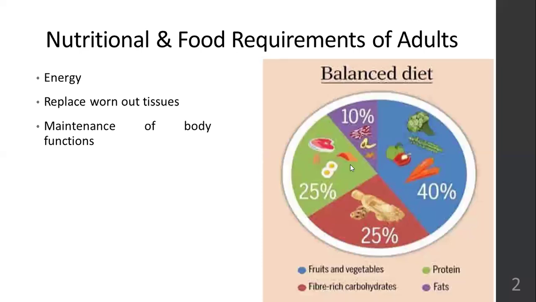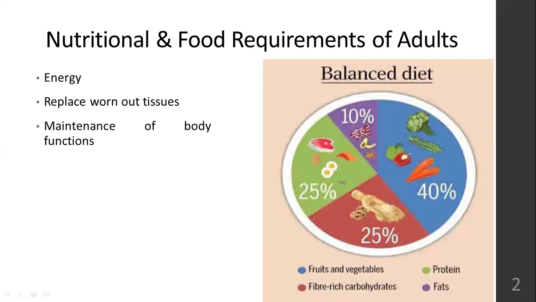For proteins, once they become amino acids within your body, each different essential amino acid has a separate function to play. Replacing worn out tissue means keeping your body youthful, energetic, away from free radical attack.